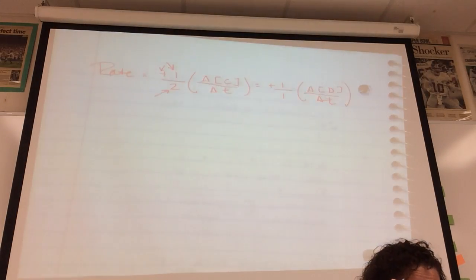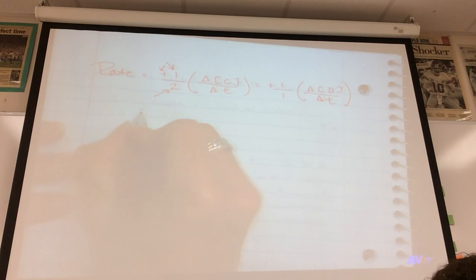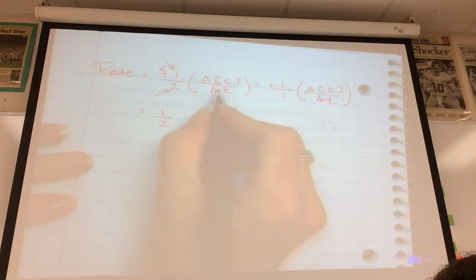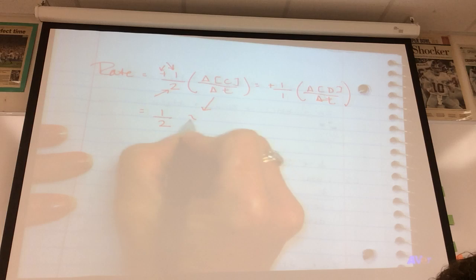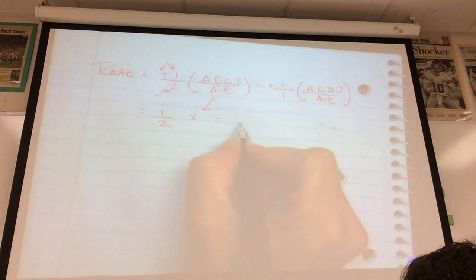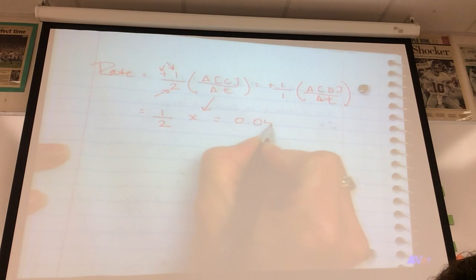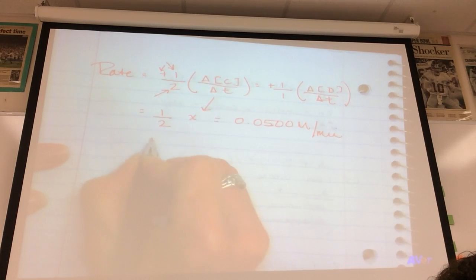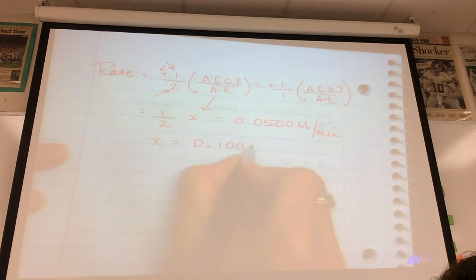Righty, righty. So then you have 1/2. This is what we're looking for. Let's call it X because it's easier. And this is 1 over 1. And we had 0.0500 molar per minute. So X then, if we multiply by 2 without a calculator, as such.